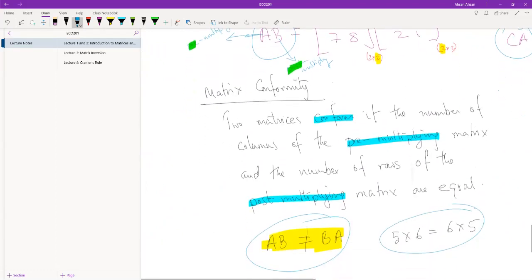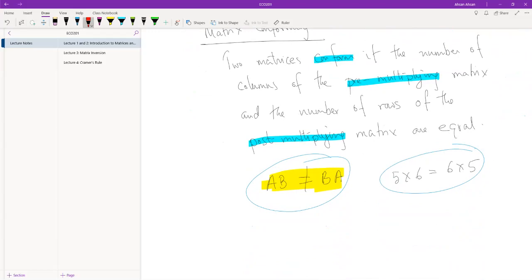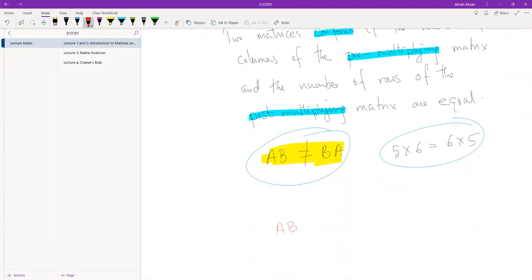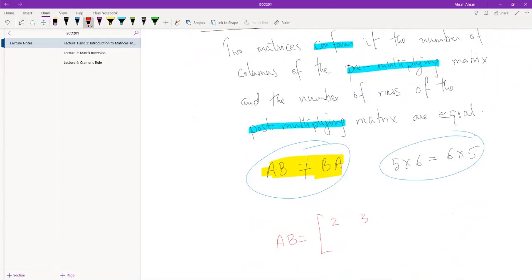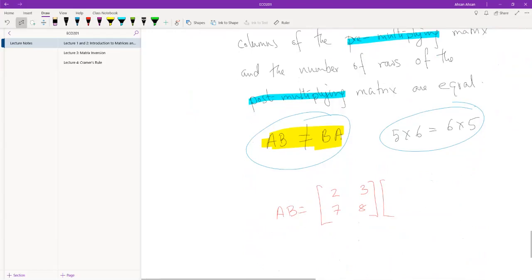Okay, so now finally, let's try and multiply A and B. So A was 2, 3, 7, 8 multiplied by B, which was 6, 3, 2, 1. And if I write down their dimensions, again, 2 by 2 and 2 by 2. So what we have seen is that because this and this are equal, we can multiply these two matrices.